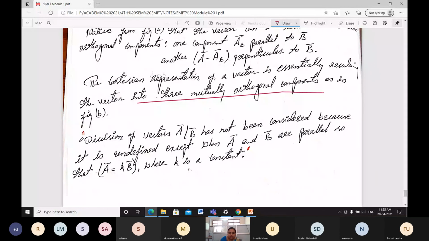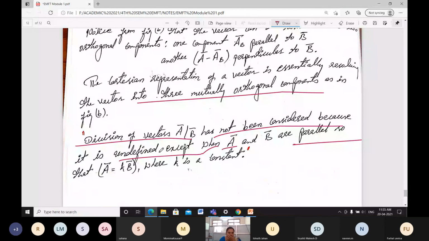Then the division of vectors, vector A divided by vector B, is not going to be considered. Why not? It is undefined, except when vector A and vector B are parallel; then I can go with the division, but otherwise it is not.